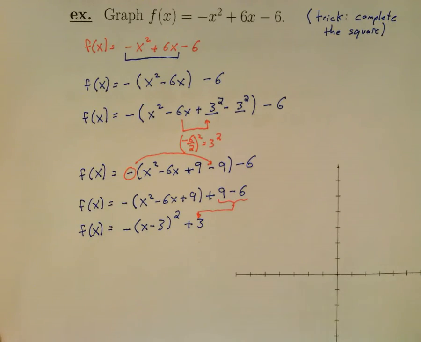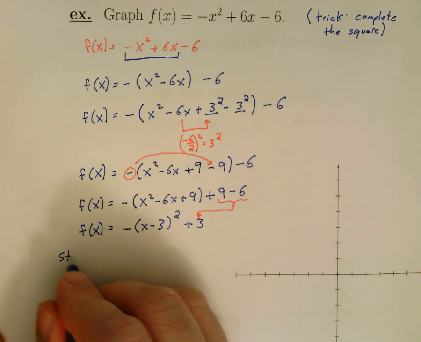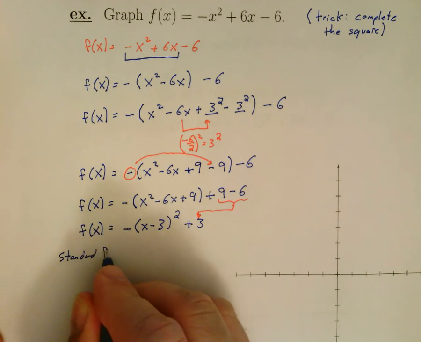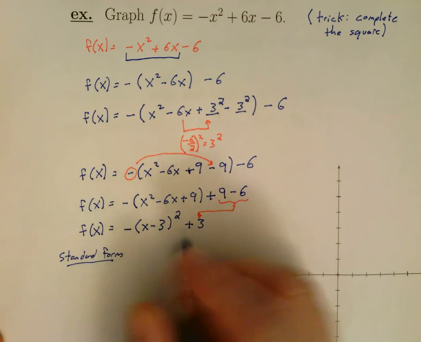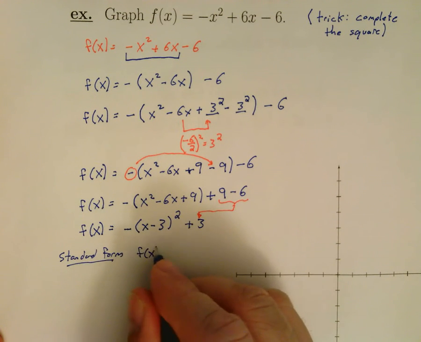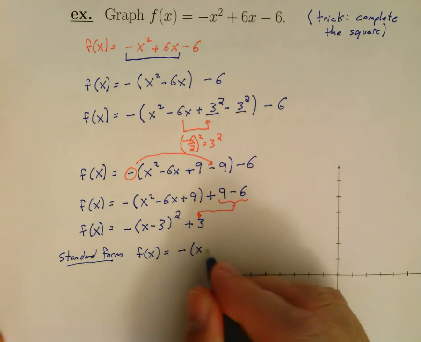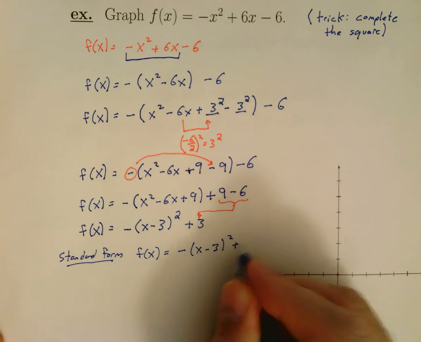Now that is our standard form: f of x equals negative quantity (x minus 3) squared plus 3.